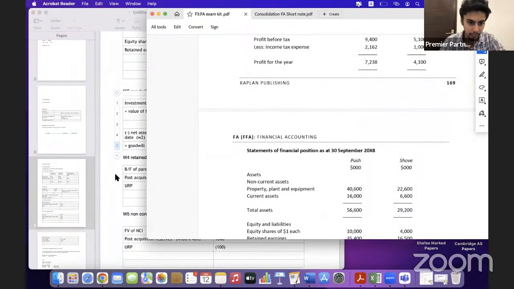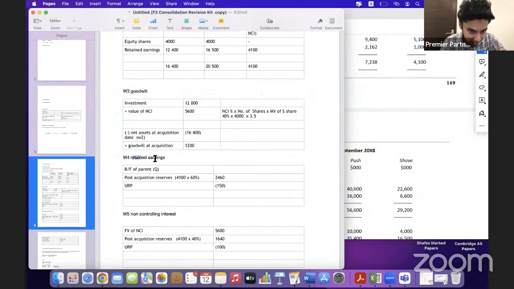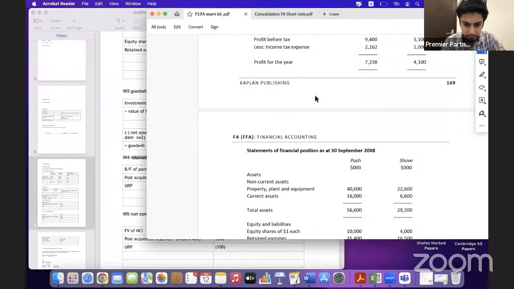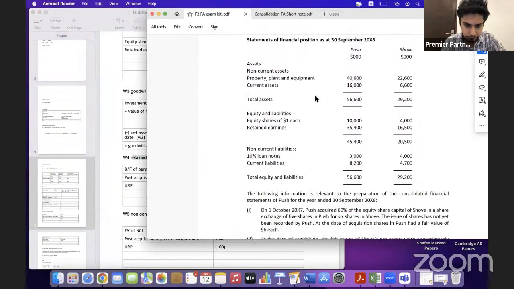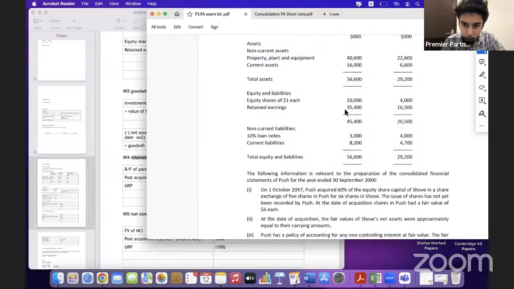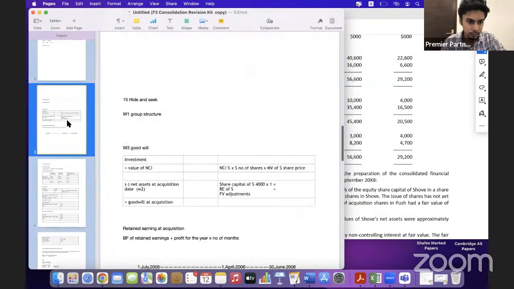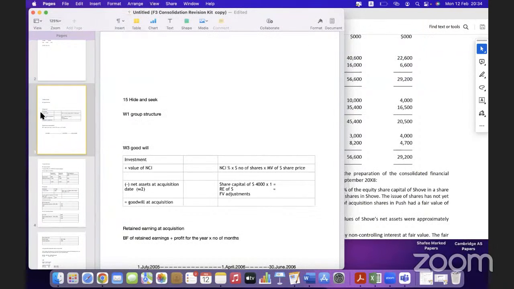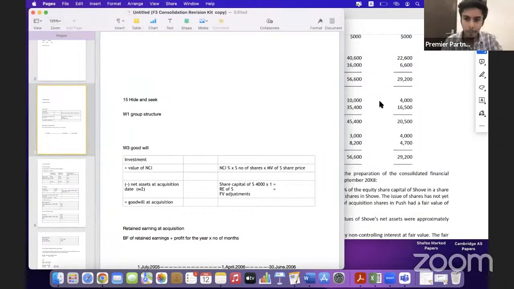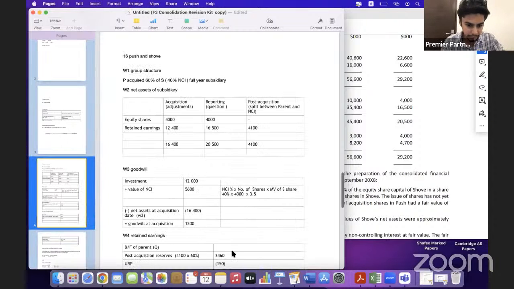Go to retained earnings, brought forward of the parent. So parent is this 35,400. That we'll write it here.